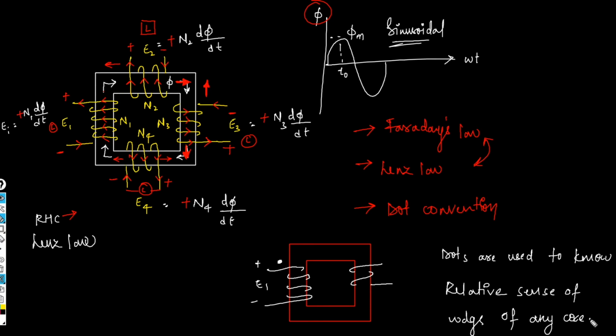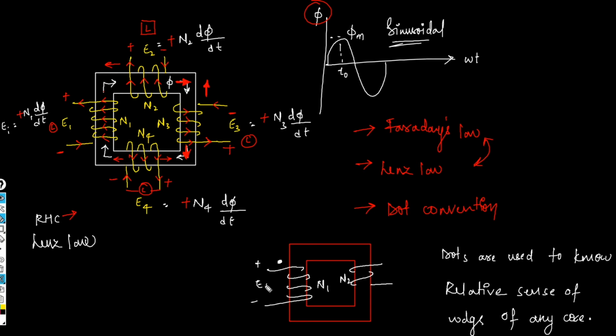Dot convention is just a simple representation, you can say. It has nothing to do with the concept. It's just a representation used to know the relative sense of the windings of any core. Suppose here I have N1 and N2 turns in this way on the same core.